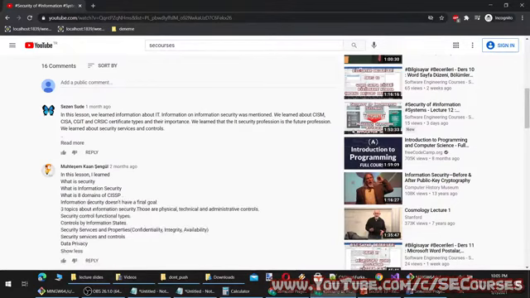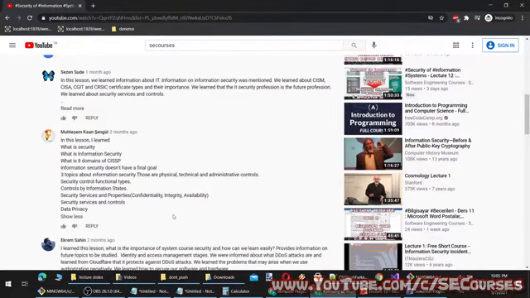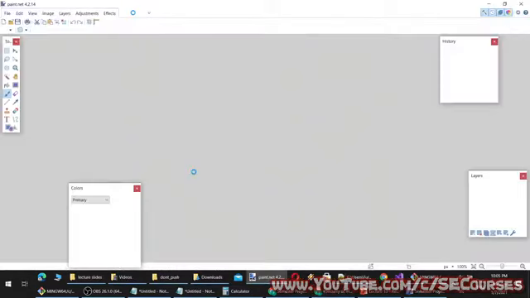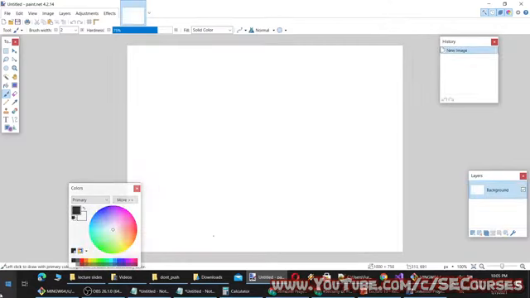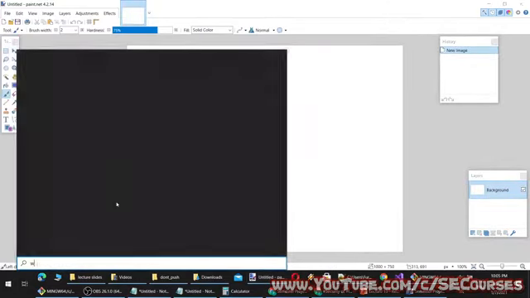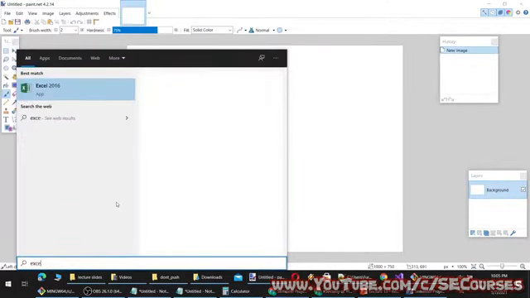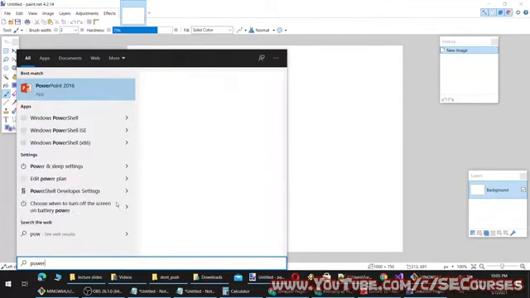So what you're going to do is, for example, take a screenshot with Print Screen and use any screenshot software, or you can alternatively use the screenshot feature of, let's say, PowerPoint.